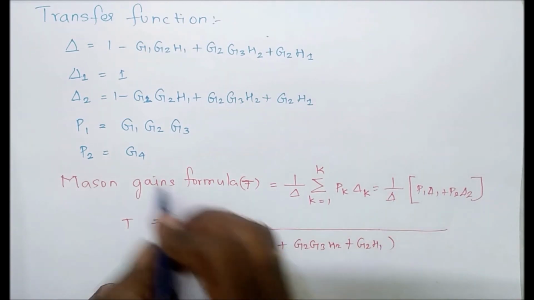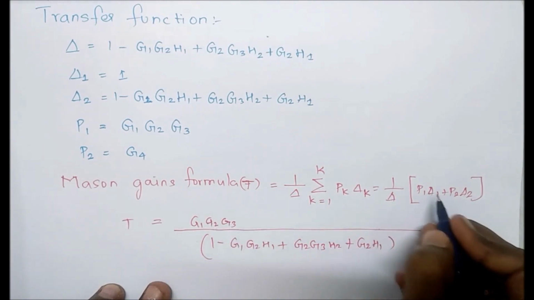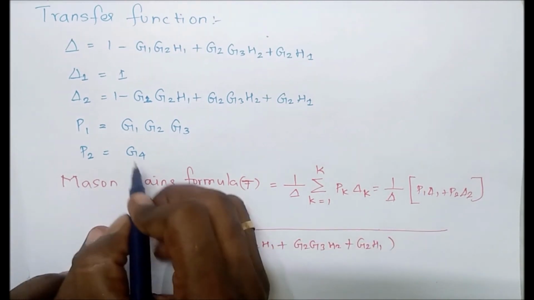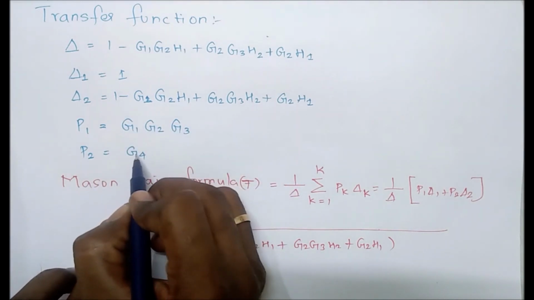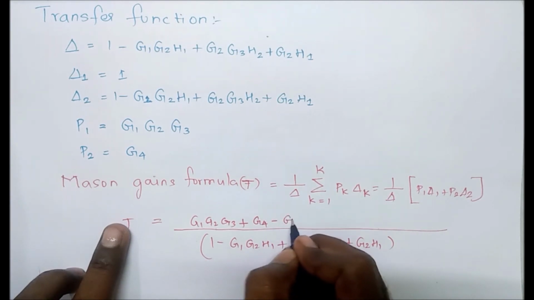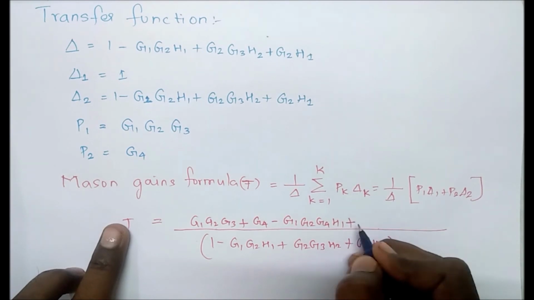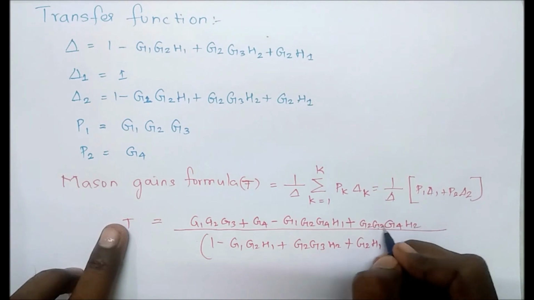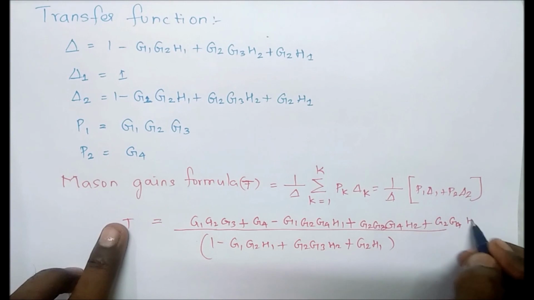Next P1. The P1 value is G1 G2 G3 into del 1. Del 1 is only 1. Therefore plus, next P2. The P2 value is G4 into del 2 value. So we have to multiply this G4 with all of these terms. Therefore we will get G4 minus G1 G2 G4 H1 plus G2 G3 G4 H2 plus G2 G4 H1.